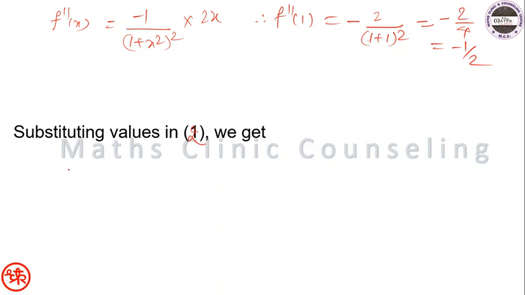So substituting these values in equation 2. What is equation 2? In equation 2, what value of f of x did we take? tan inverse x. And what was f of 1? pi by 4.